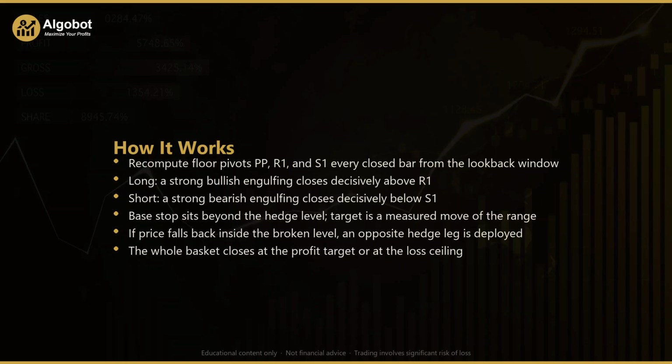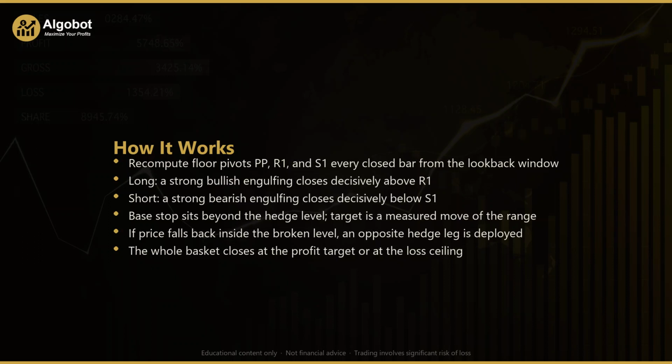And third, the prior candle must have been sitting at or under R1 while this candle closes decisively above it, clearing the level by a small break margin. When all three agree, resistance has been broken with conviction, and the strategy enters long. The short side is the exact mirror, a strong bearish engulfing that closes decisively below S1.